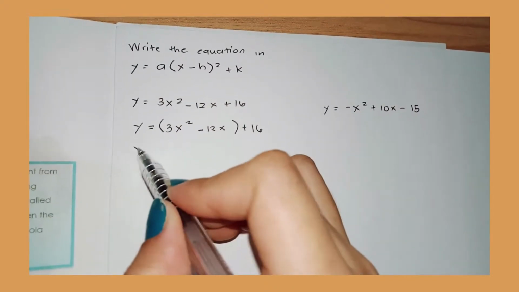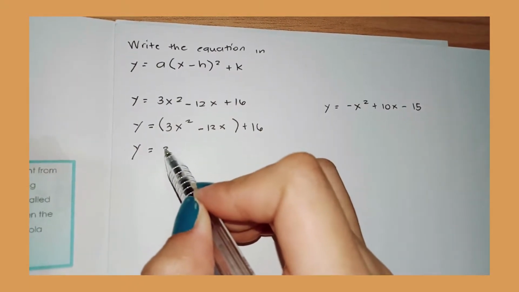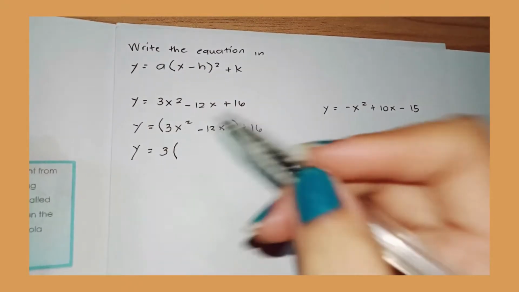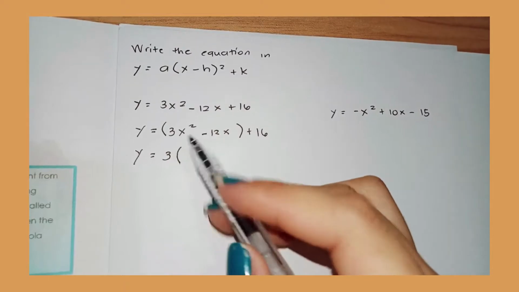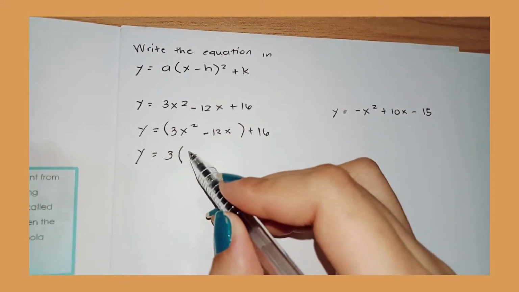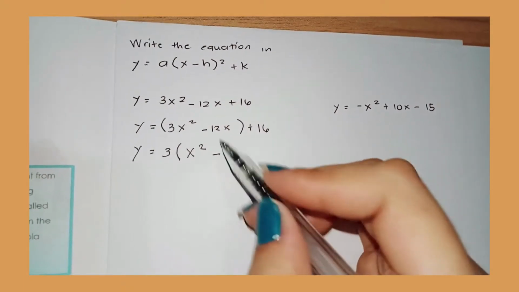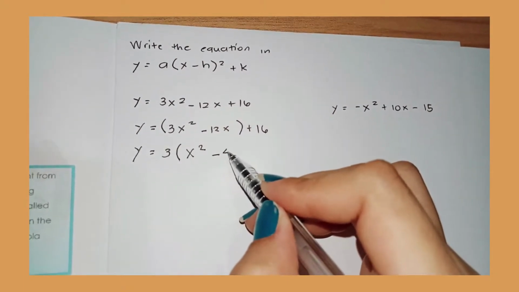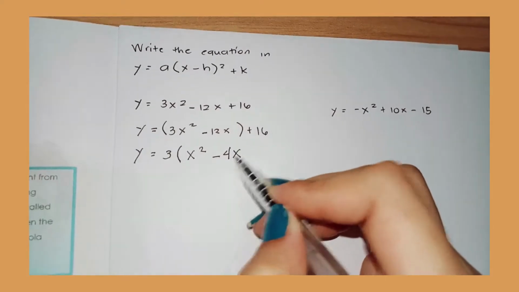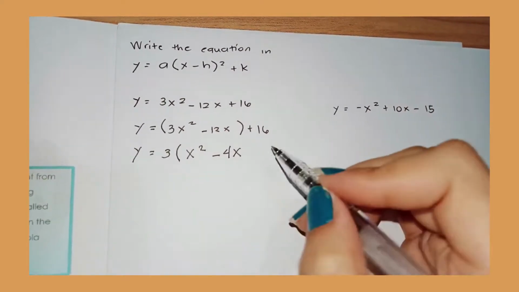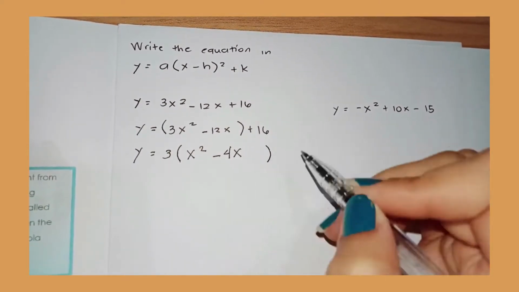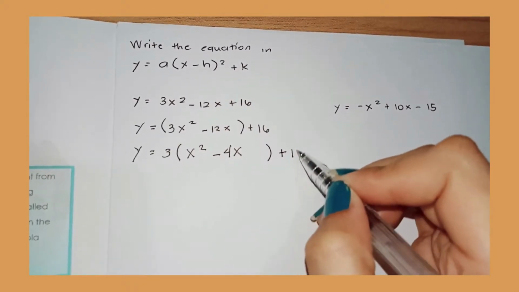Magiging y equals, ilalabas yung 3, open parenthesis, divide natin. 3 divided by 3 is 1, kaya ang isusulat ko na lang ay x squared. Copy negative. 12 divided by 3, the answer is 4, then copy x. Next na gagawin, leave a little space, then copy plus 16.